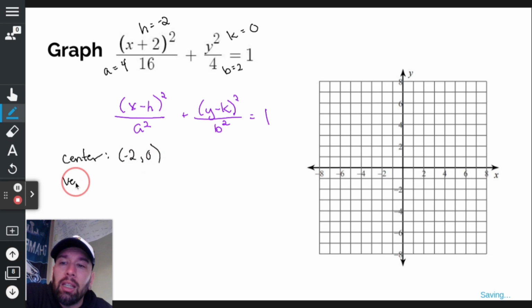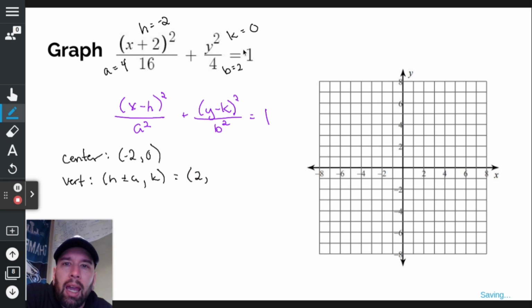My vertices are going to be h plus or minus a, k. So my vertices are going to be h, which is -2, plus 4, so that would be 2, k, which is 0, and h, -2, minus a, so -6, 0.